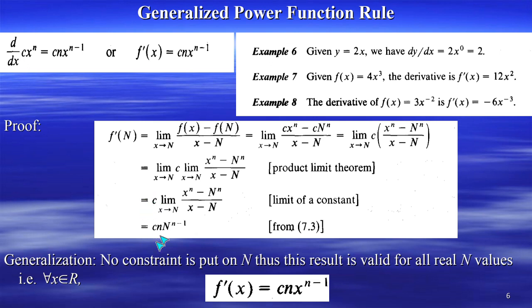And we multiply it by c, we obtain the result we want. This is the proof. But we have to generalize it as well. No constraint is put on big case N. Thus, this result is valid for all real N values, that's to say for all real x's, f prime of x is equal to c times n times x to the power n minus 1. You see? Quite easy.